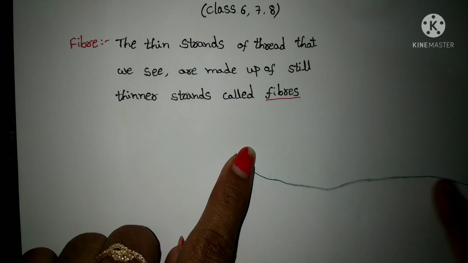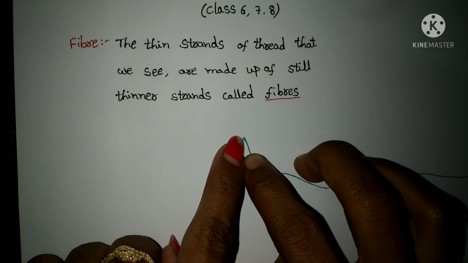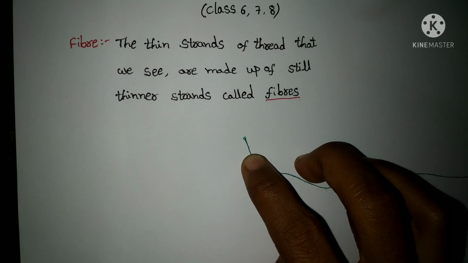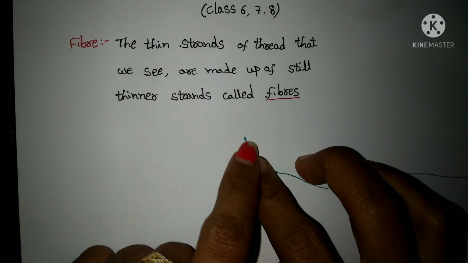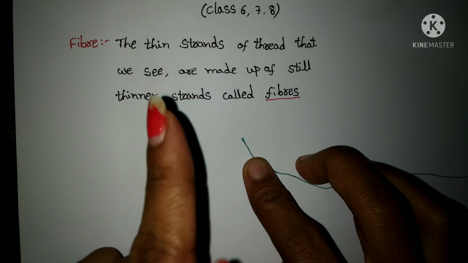So this is a thread. In the thread, the thinner strands can be called fibers. Individually, if you take only one single thinner strand, that is a fiber.